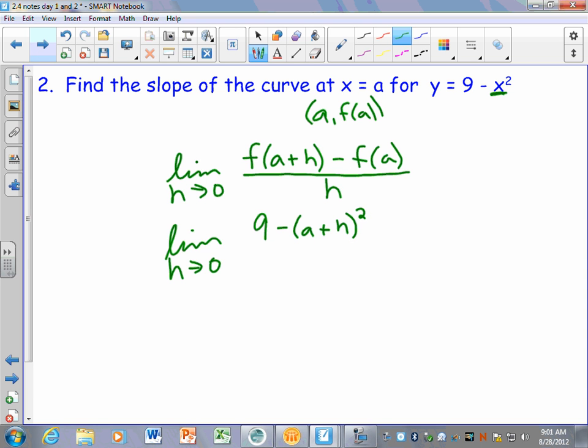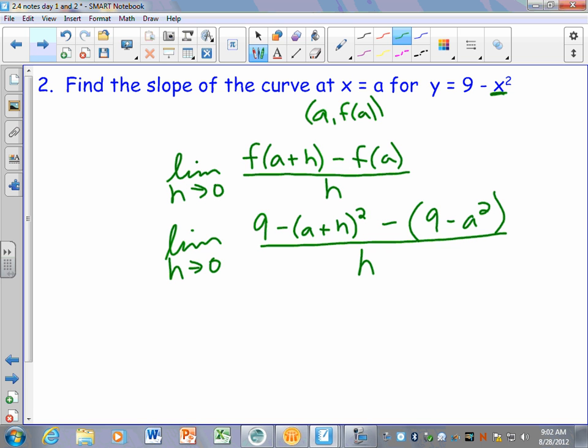That would be f of a plus h. Everyone with me on that? Minus f of a. And again, remember you're subtracting this whole thing. So you can either distribute as you go, or you can put a parenthesis here. If I just plug a up here, what would I get? 9 minus a squared.